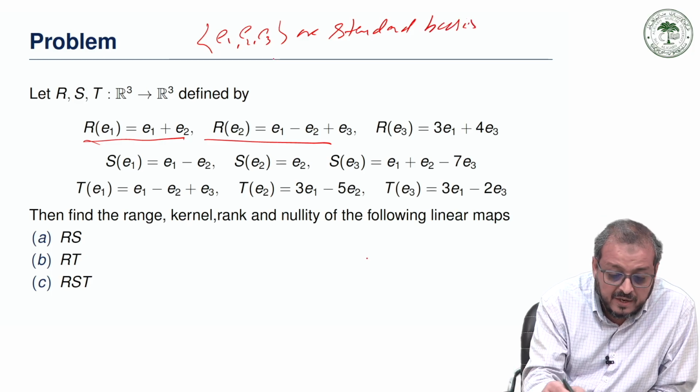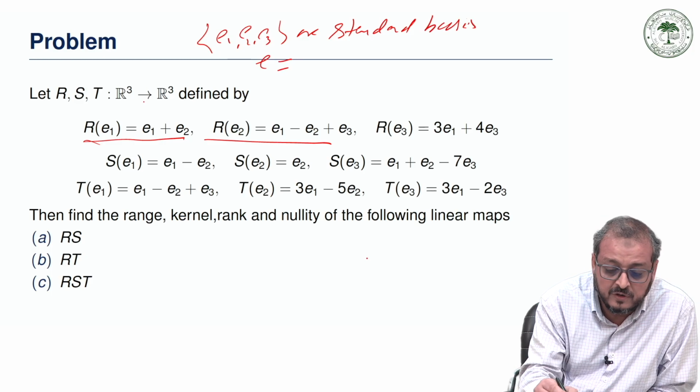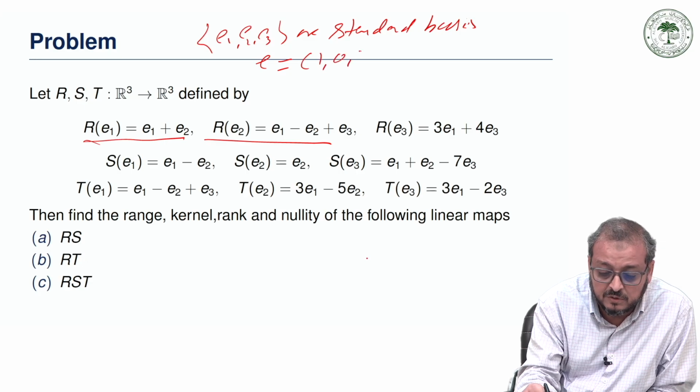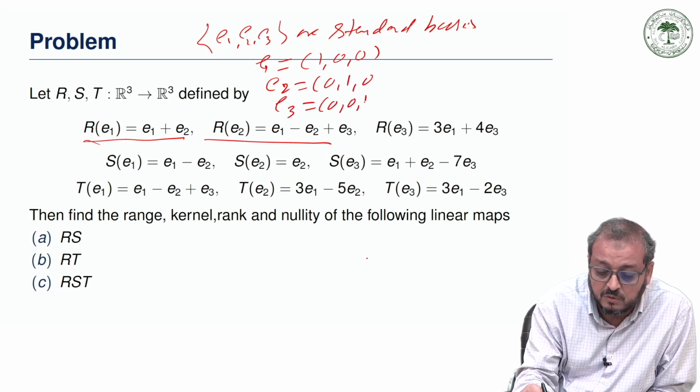You know that E1 as a standard basis for R3 is the element (1, 0, 0), E2 is of the form (0, 1, 0), and E3 is of the form (0, 0, 1).